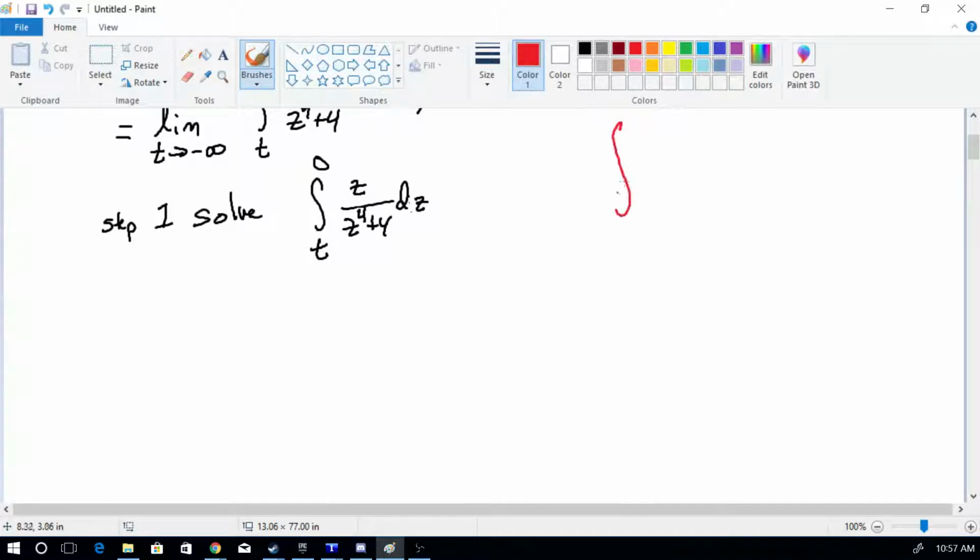But we do know integrals of the form 1 over x squared plus a squared. So we want to think of z to the 4th as just z squared squared, and try to make it look closer to the integrals that we know already.